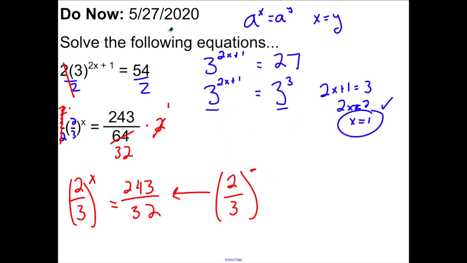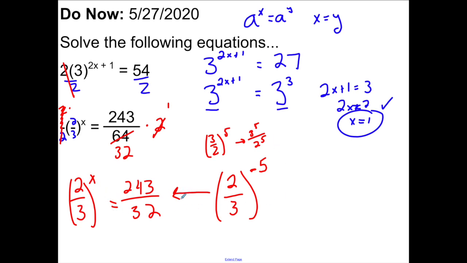In any case, we know that 3 to the power of 5 is 243, and 2 to the power of 5 is 32. So if I make this a -5, that first will flip it up, so it will become 3/2, and then the exponent will become a +5, and then 3 to the 5th is 243, and 2 to the 5th is 32. Remember, in this case, you quote-unquote distribute that power like this.